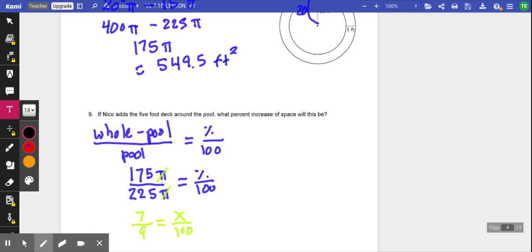Then I'm going to cross multiply. And when I cross multiply, I get x equals 77.7 repeating. It doesn't say anything, so we can leave it like that if we want. It doesn't say where to round.